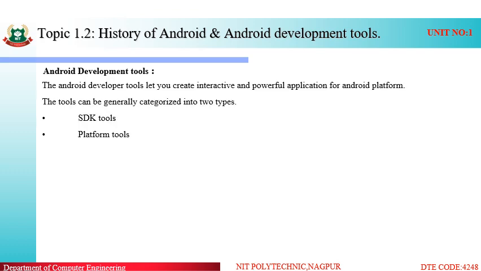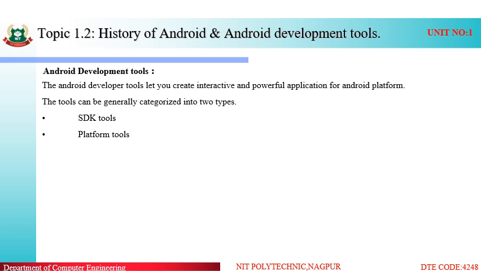The developer tools let you create interactive and powerful applications for the Android platform. It provides a powerful and interactive application, that is called an app. App is nothing but an application. So for development of such apps, we have to use development tools.